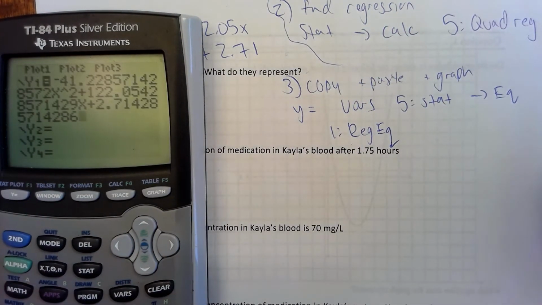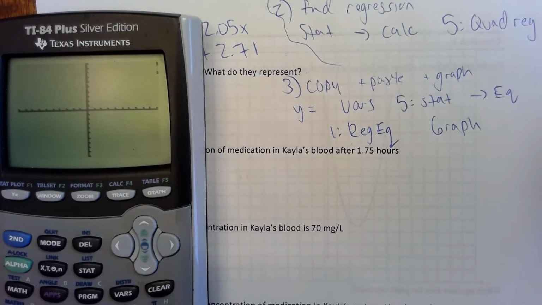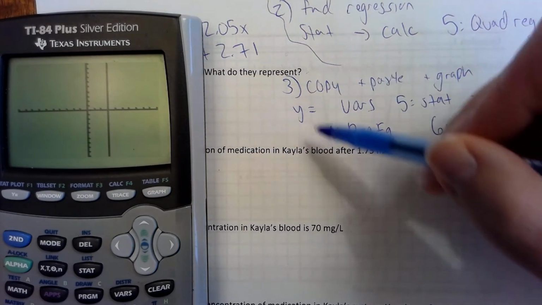Don't want to do it again, I don't know if it'll type it in again. And then last up, I'm just going to hit graph so that I see it on my graph, hopefully. Oh boy, that looks like a vertical line. So that's my steps for that.